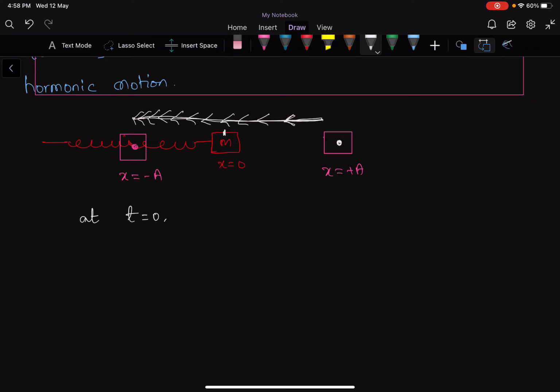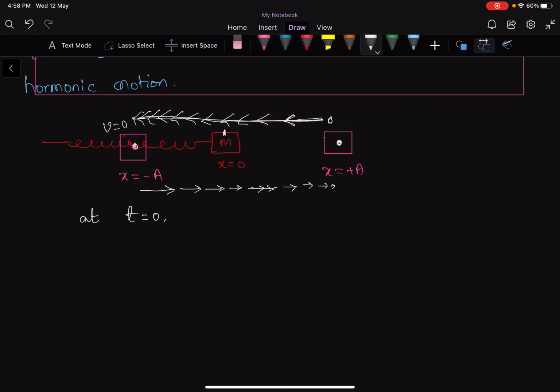When it goes to the negative extremum, momentarily the velocity becomes 0, it changes its direction of motion and moves towards the mean position, overshoots it, and moves towards the positive extremum again.